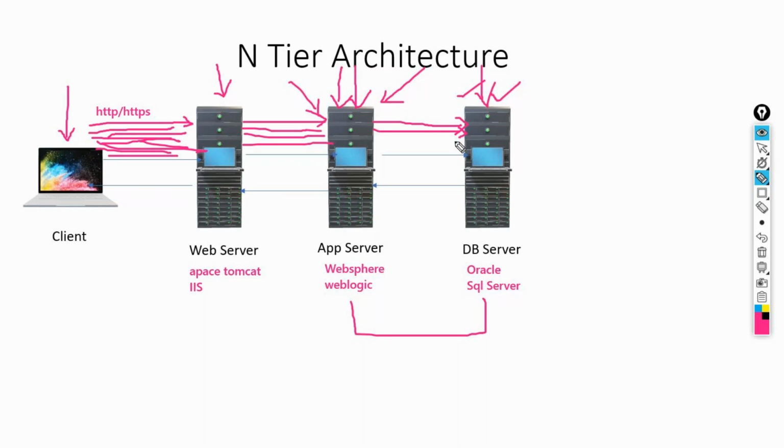So the application server and database server will have to handle more load. See, load will be there on all three: web server, app server, database server. But the app server and database server will take a little bit more time to respond, right? Because they need to process the logics, execute the logics, and all that stuff.